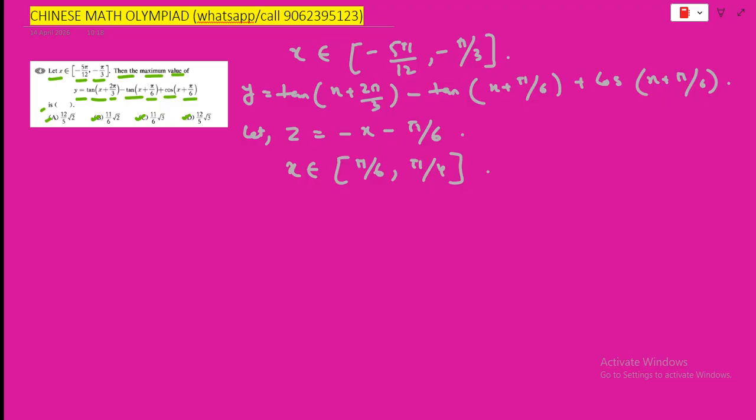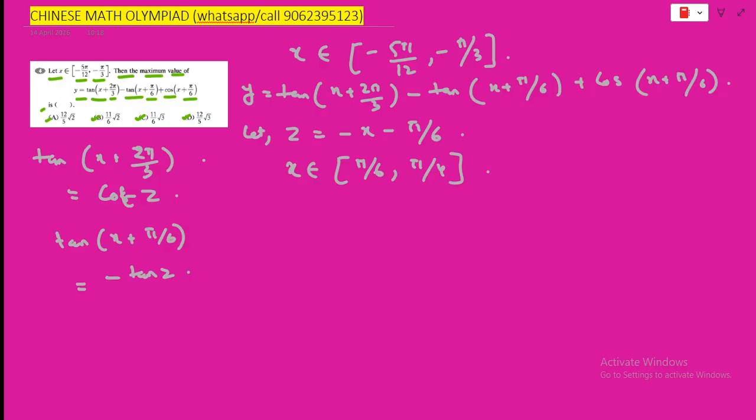Okay, now come to the first term, tan(x + 2π/3). So this becomes what? cot z. Okay, and the second term is what? tan(x + π/6). So this becomes minus tan z.